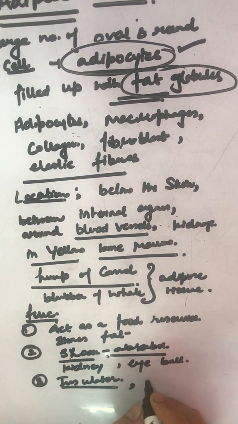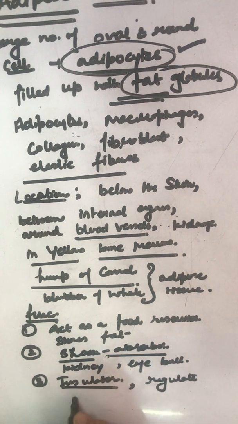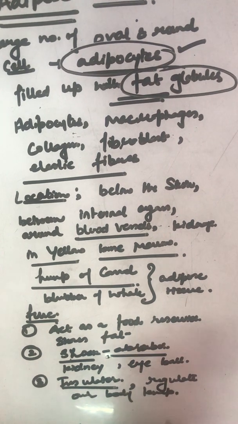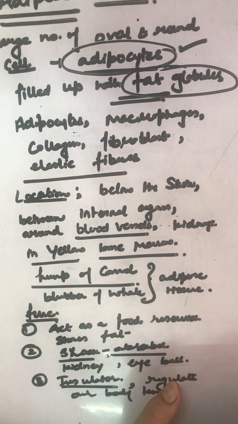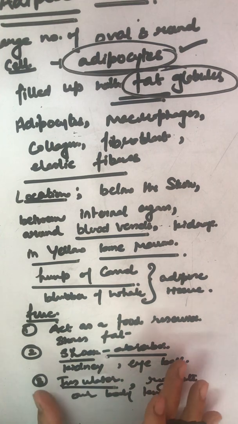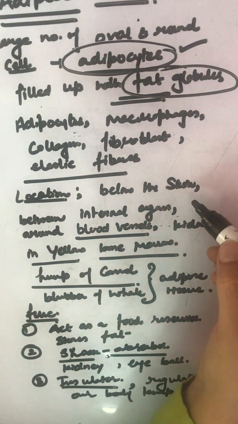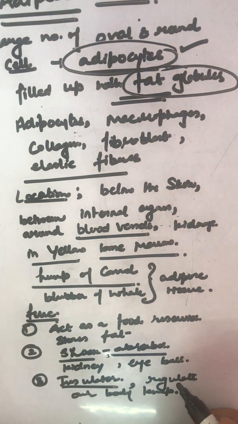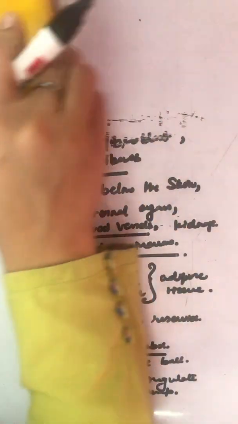And what it does along with that? Regulate our body temperature. Fine. So when the skin becomes shining and you feel that organs are properly placed and there is a shock absorbing cushion, that is all the adipose tissue. Clear? This is about adipose tissue. Moving to the fourth type of tissue, the skeletal tissue.